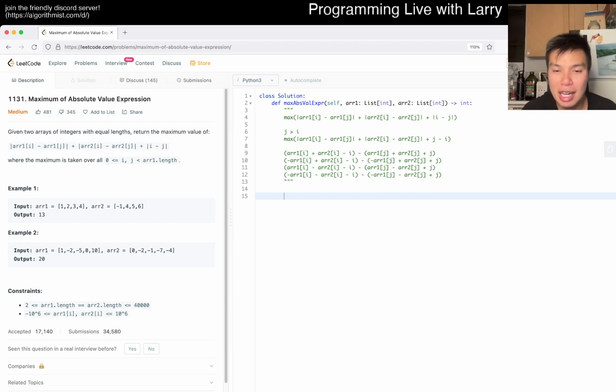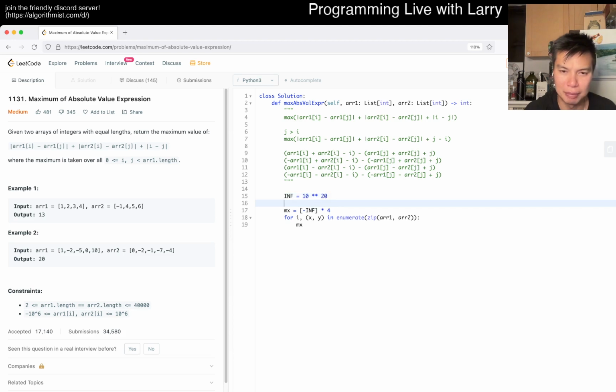But okay. So then now let's just say we have for x, y, or I, x, y maybe in enumerate, enumerate zip of R1, R2. Okay. So then now we have four things to measure. So then let's just say max is equal to, I don't know, negative infinity times 4, and then min, right?